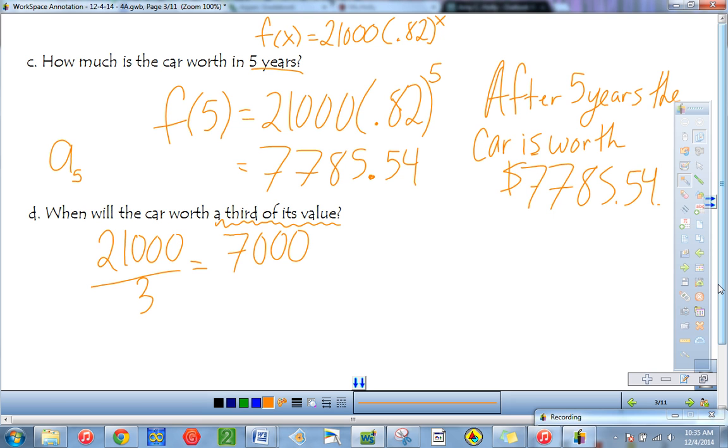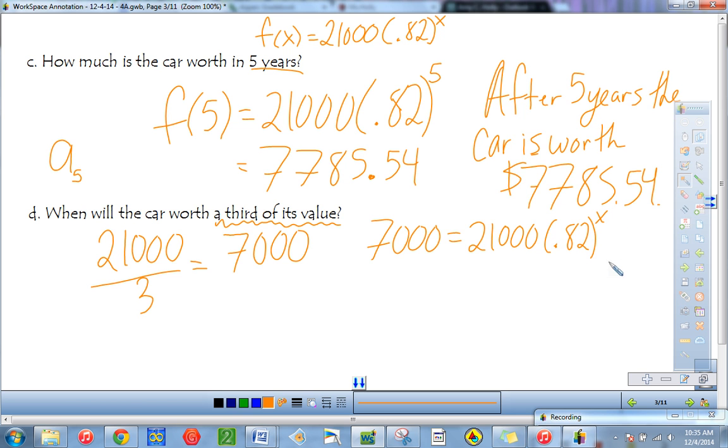It isn't 1/3, because it made it negative. Is 7,000 an x value or a y value? That's a y, right? So basically we want to know when f of x is 7,000.